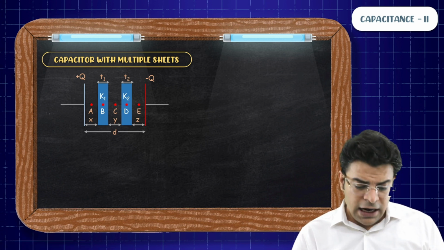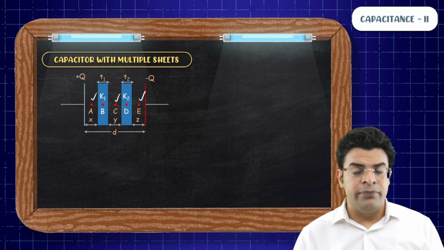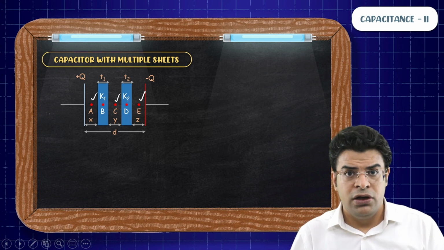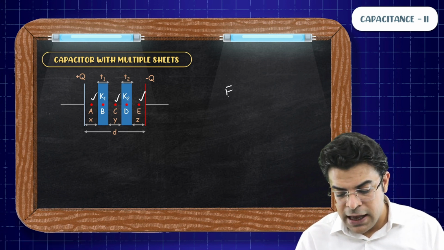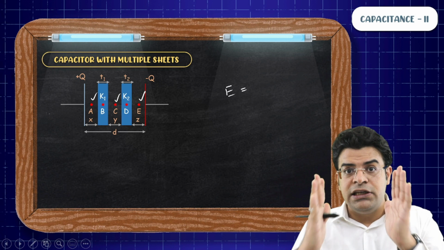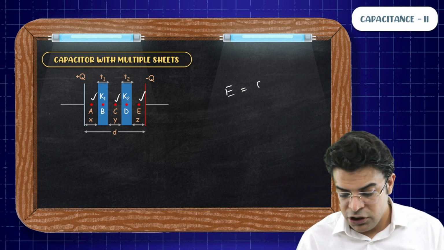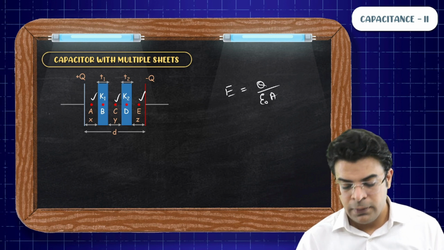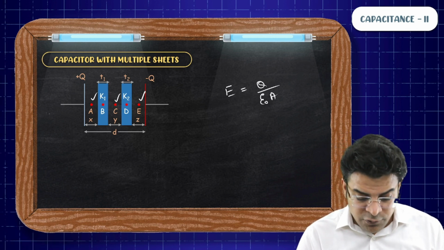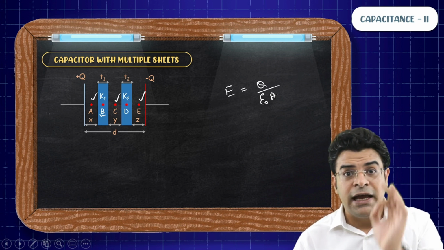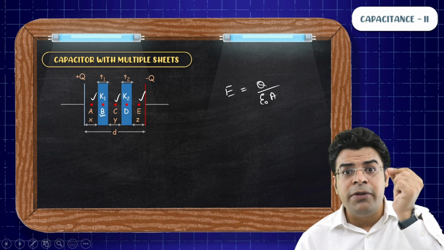We know that at points A, C and E, which are in the region outside the dielectric, the electric field will be the same as the electric field that these two infinitely large sheets want to create, which is Q upon epsilon naught A. Inside the first dielectric, at a point B, the electric field will be K1 times smaller.